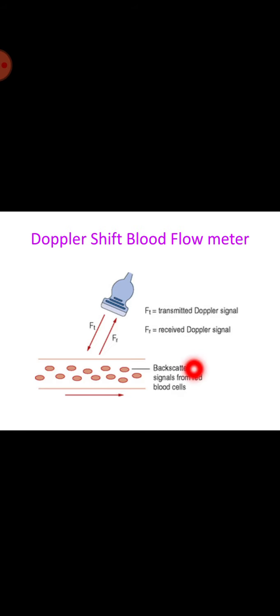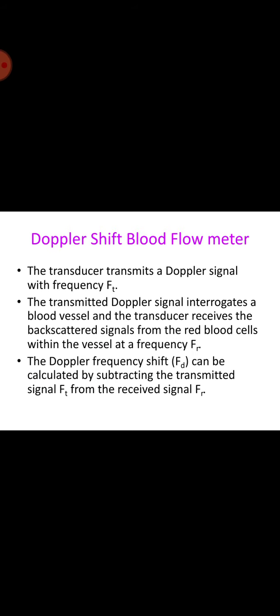The figure shows the principle of the Doppler shift blood flow meter. The Doppler frequency shift, that is the difference between Ft and Fr, is calculated by subtracting the transmitted signal Ft from the received signal Fr.